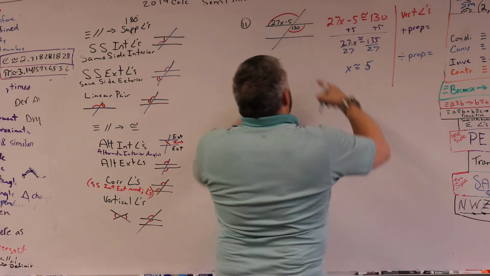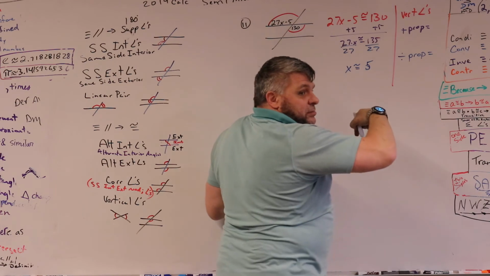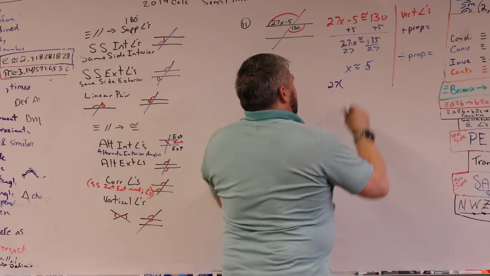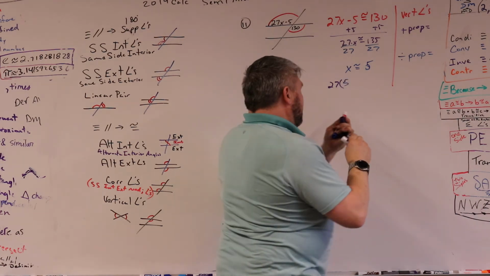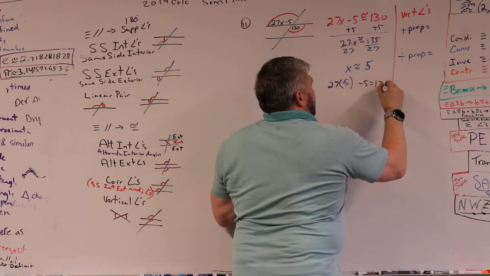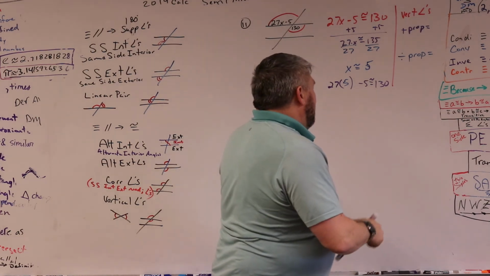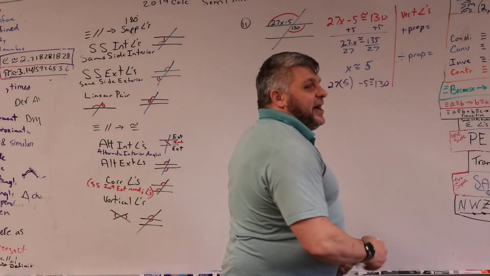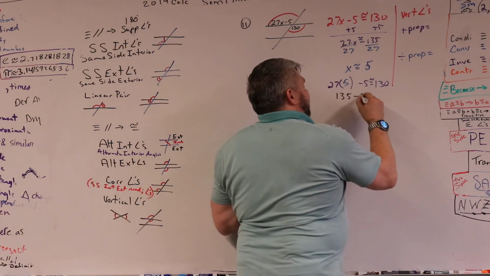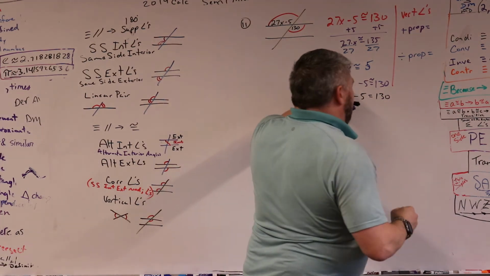We say, hey, this better be 130, right? So then we plug it in. We say 27 times 5 minus 5 is congruent to 130, right? Then what is 27 times 5? 135, right? Minus 5 equals 130. So what did we do when we substituted it in?